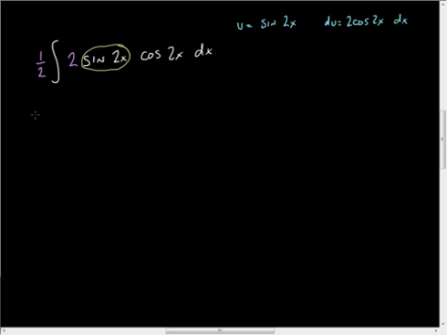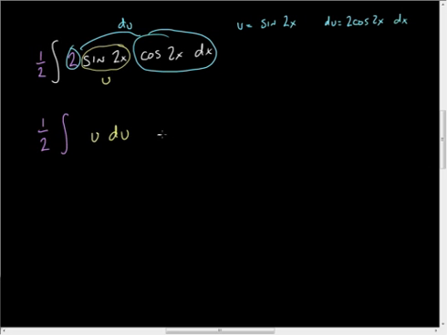So now rewriting, it's 1/2 times the integral of 2 cosine 2x dx. All of that is my du, and then I have u. So now I've got u du in the integrand.